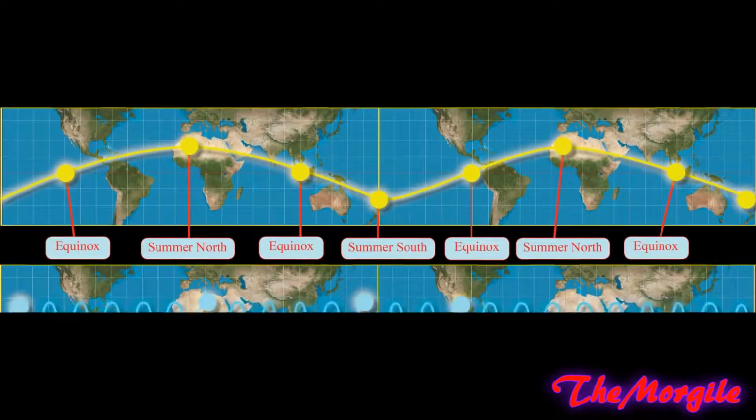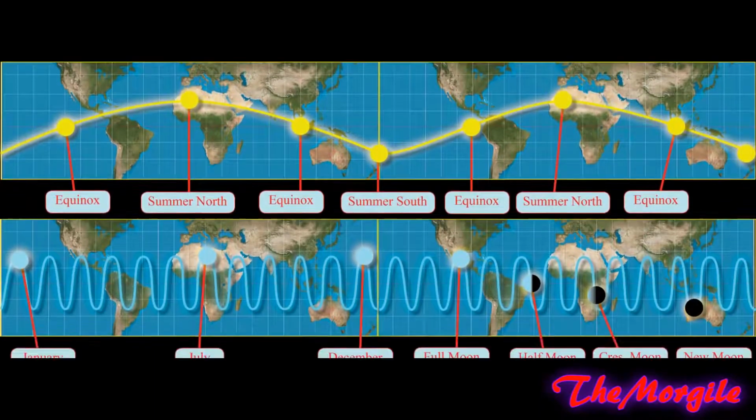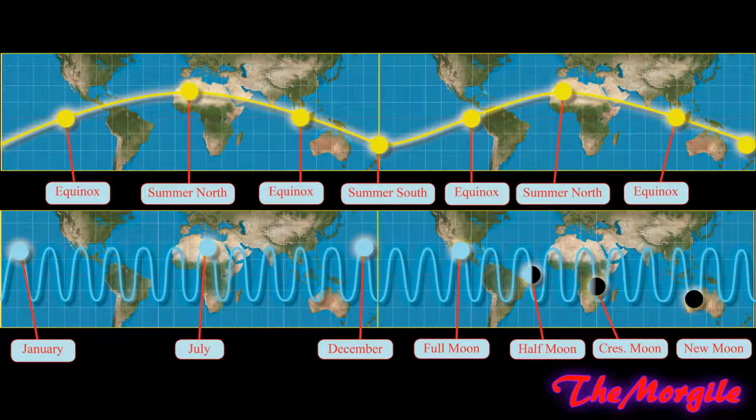Now, the moon also apparently travels from Capricorn to Cancer and back over the course of a month. Now, they claim that the moon is orbiting the Earth at a 5-degree divergence from the ecliptic plane, not to be confused with the equatorial plane, but that's why they claim the moon appears to travel between the tropics, because of this 5-degree divergence of its orbit from the ecliptic plane.